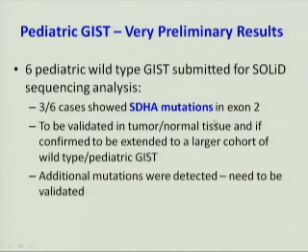We need to validate to make sure that this is not just a software error, so we are now doing PCR to confirm these mutations in the tumor, and to make sure they are not present in the normal tissue. If they are present in the normal, then the possibility of a germline SDH mutation has to be considered. If these mutations are confirmed, we are going to extend this to a larger cohort of wild type and pediatric GIST.